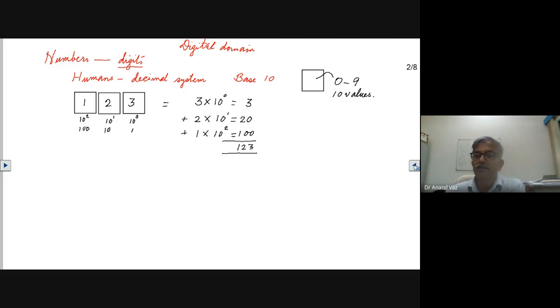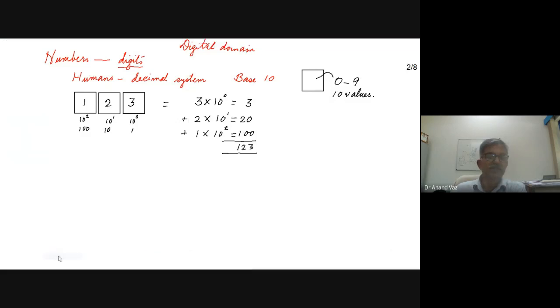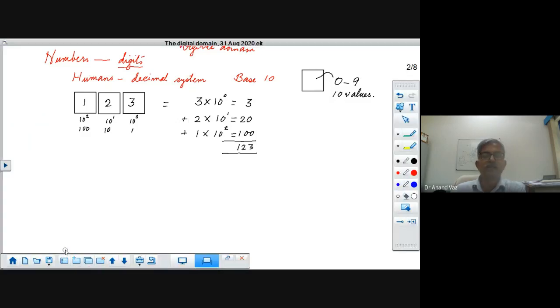But this is not how the arithmetic is done by machines. For machines, we require something simpler, and that simpler is achieved in this manner.